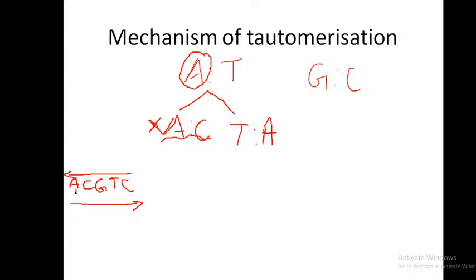Here A will pair with thymine, C will pair with guanine, G will pair with C, then T. We have already learned this in replication, and I'm writing the sequence just to show the change that has happened to the daughter strands formed from the parental strand after DNA replication. This is the implication, or the actual cause.